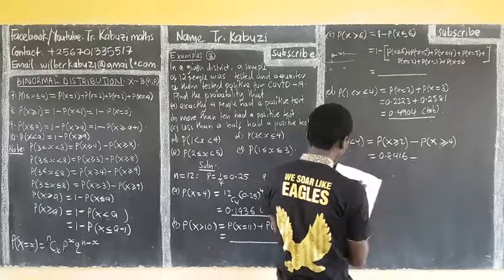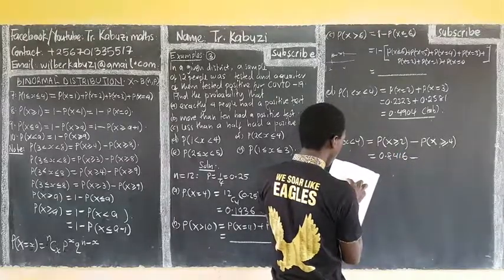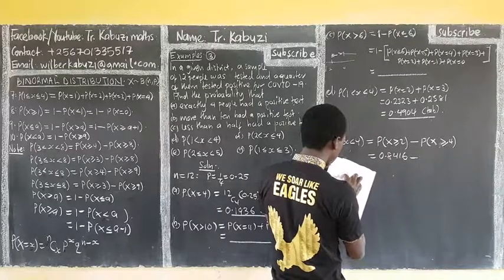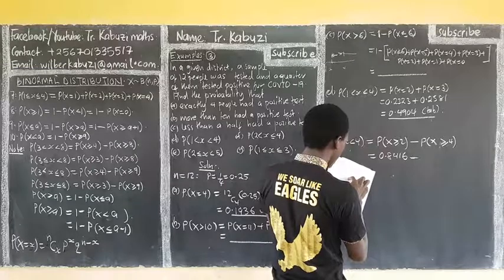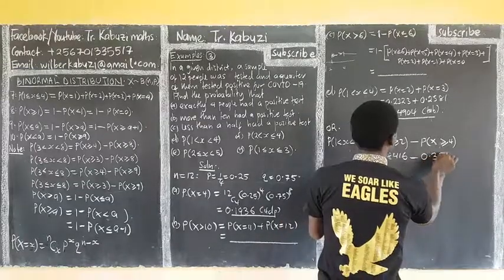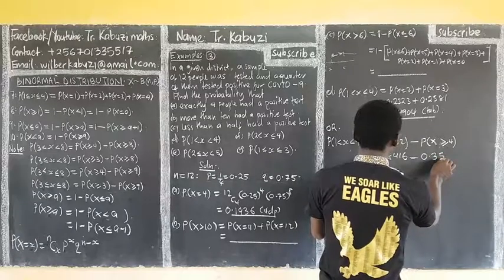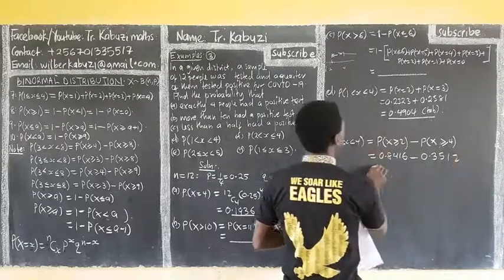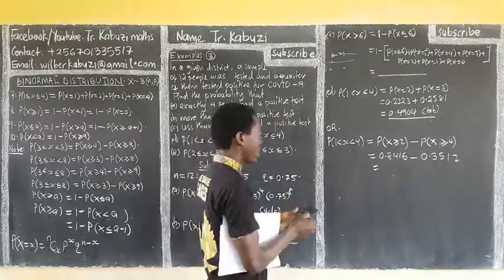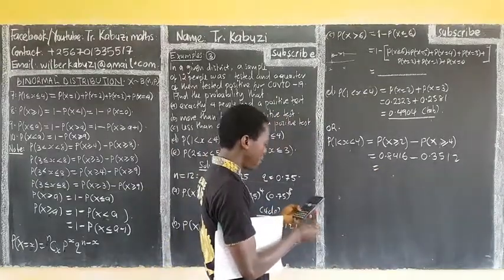Then minus, and I count when x is 4. When x is 4, I have 0.3512. And when you subtract this using the calculator, the value you are going to get is 0.4904.